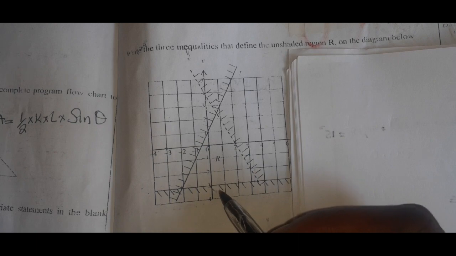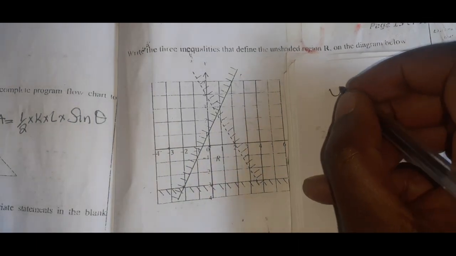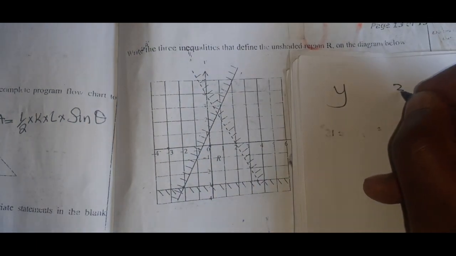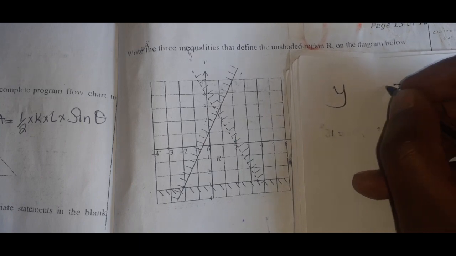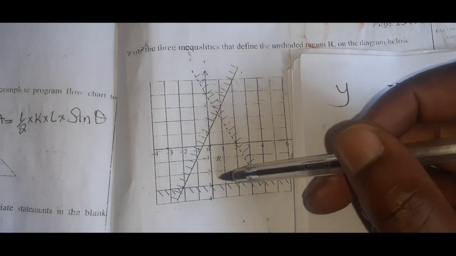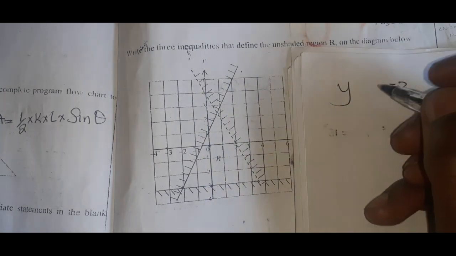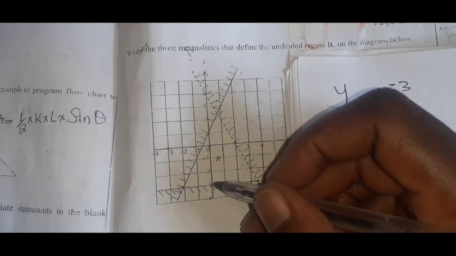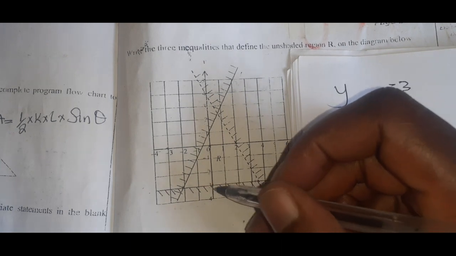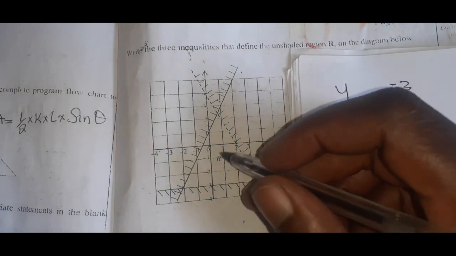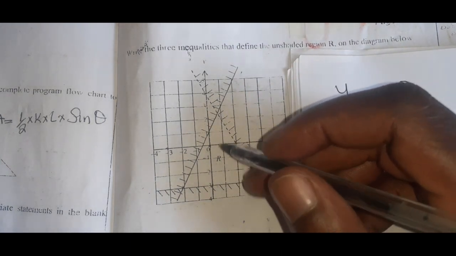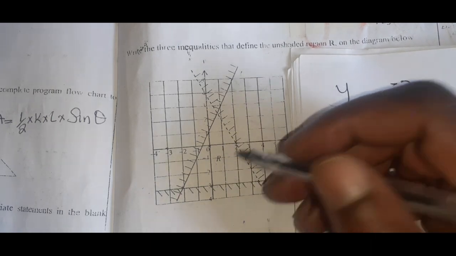This one cuts the y-axis at 3. Oh, this is -3. So where is our R? R is on the upper part of this equation. So this is the region that we want, isn't it?